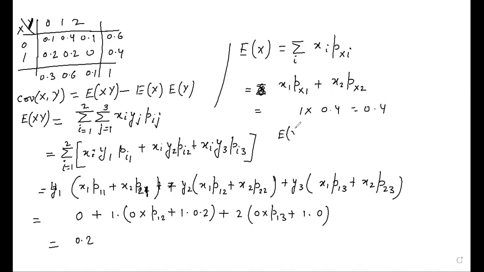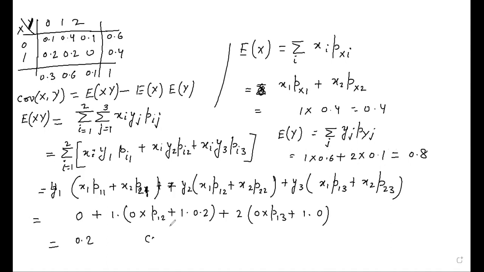Similarly, the expectation of Y is the summation over j of yj pyj. y1 is 0, y2 is 1 into py2, 0.6, plus y3 is 2 into 0.1, so it will be 0.8.